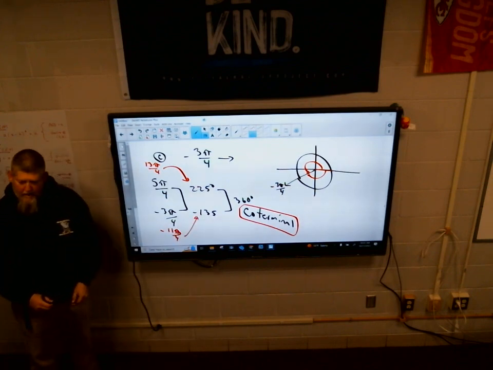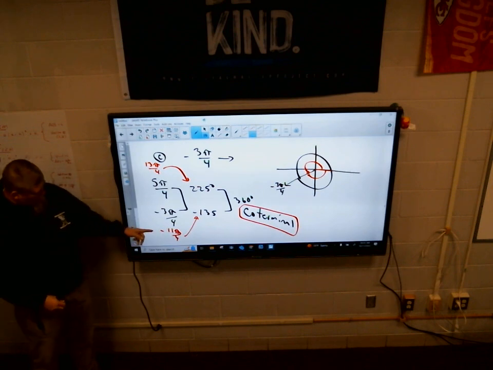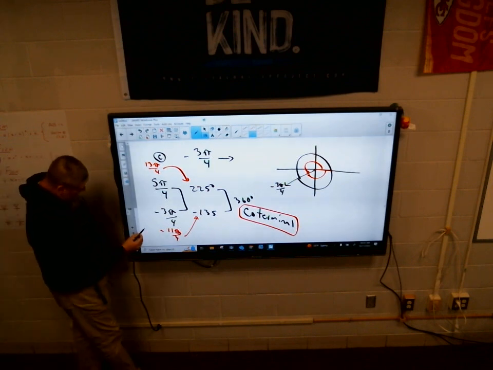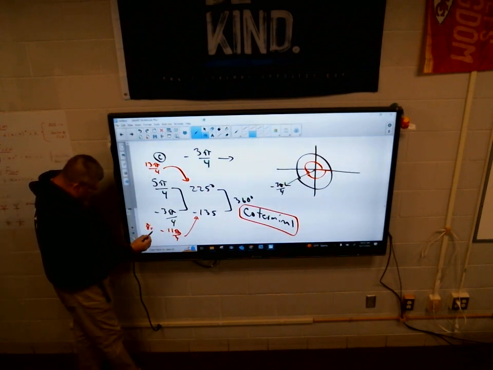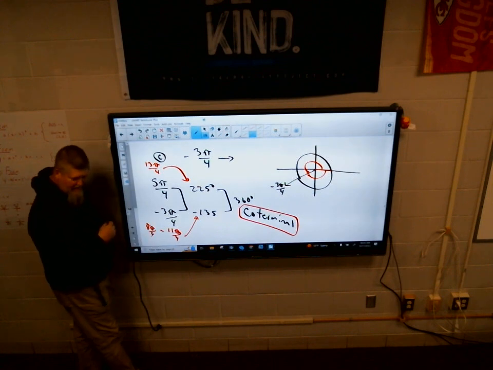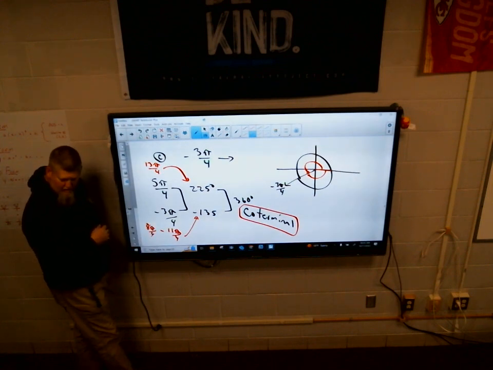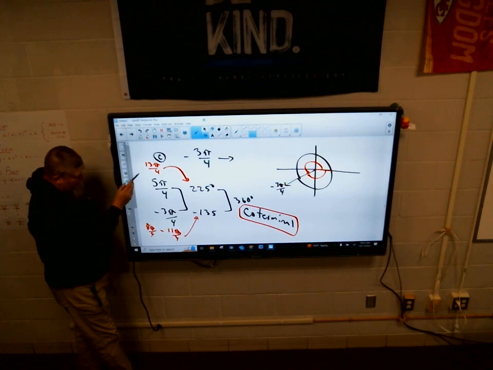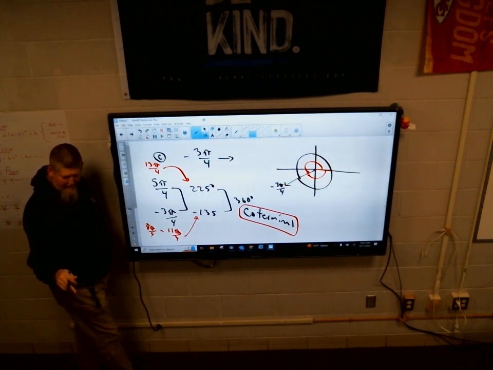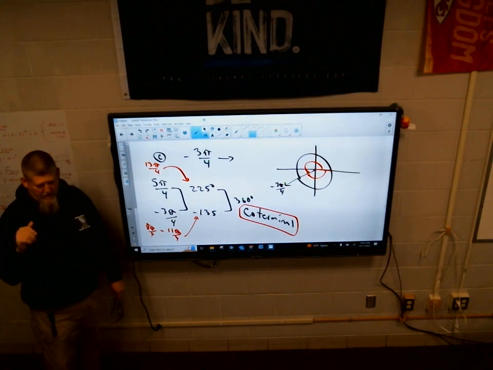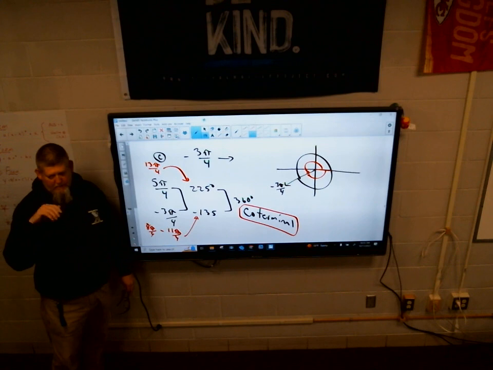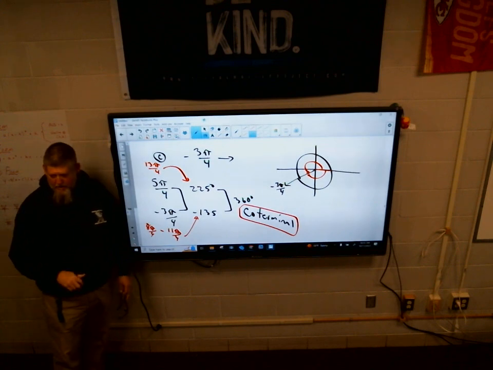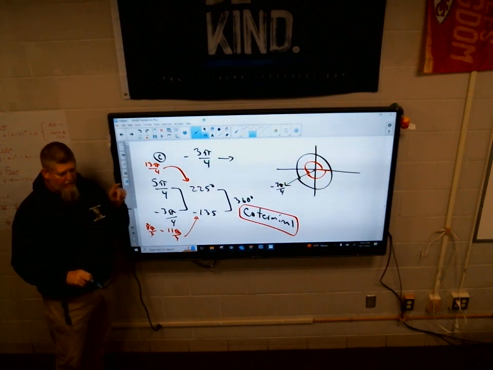What I'm doing is adding 8 pi over 4, because what is 8 pi over 4? 2 pi. I'm just adding 2 pi to each one. It doesn't matter about the denominator, because we can do any fractions we want. It's just another rotation. So anytime you land at the exact same point, it's called coterminal. Doesn't matter if I go clockwise or counterclockwise.